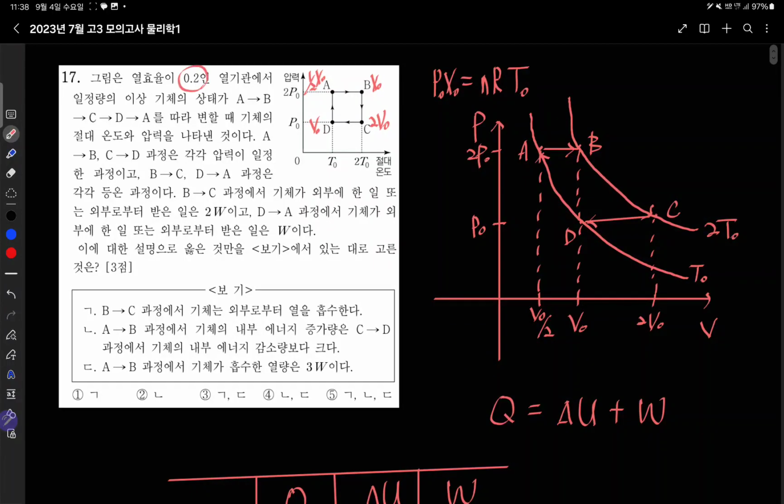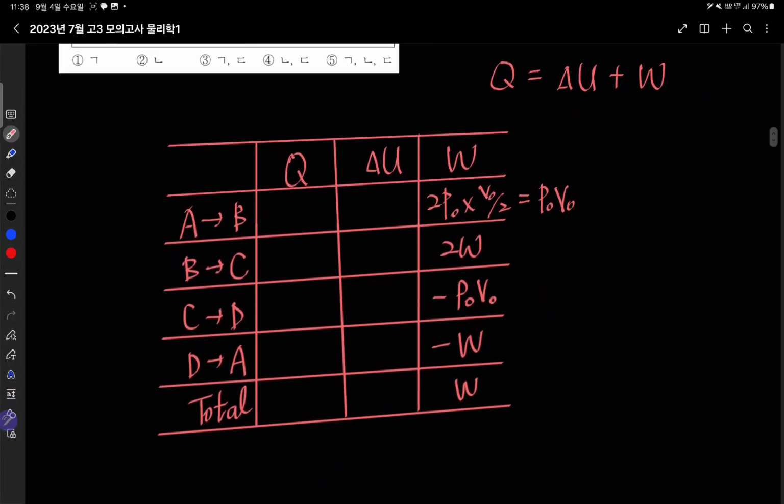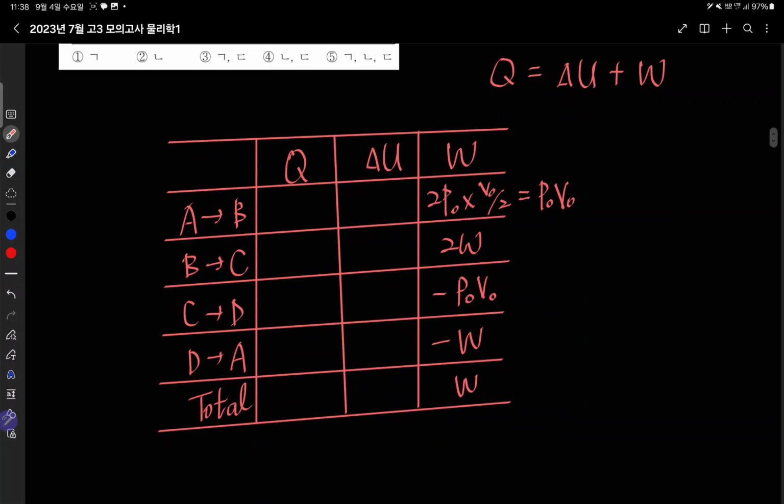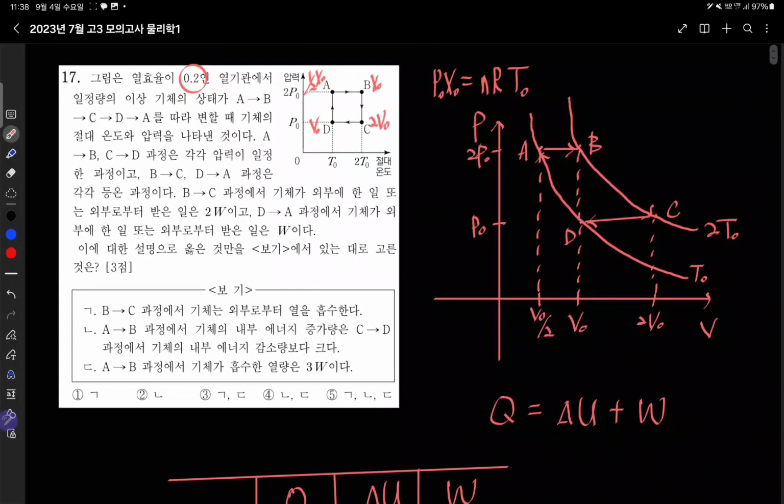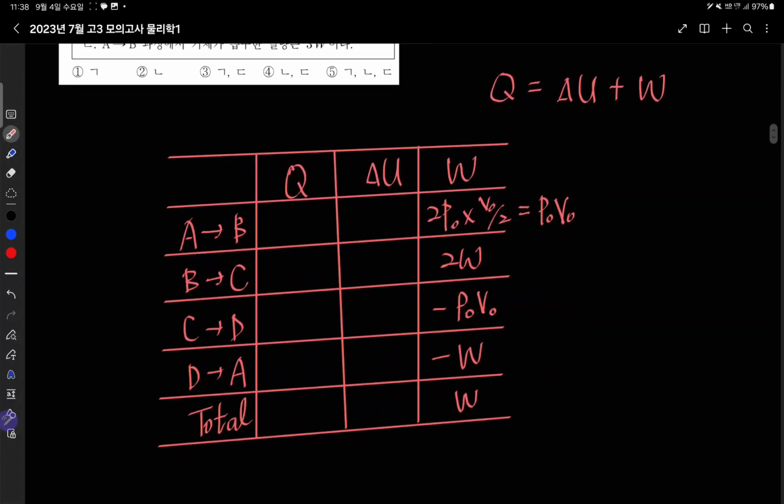And because the efficiency of this heat engine is 0.2, the engine absorbs heat of 5 times W. And from B to C and D to A, when temperature is constant, the internal energy doesn't change.